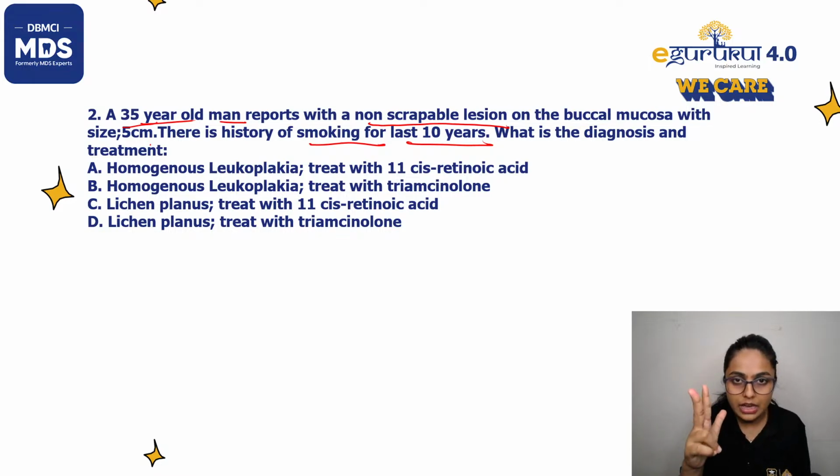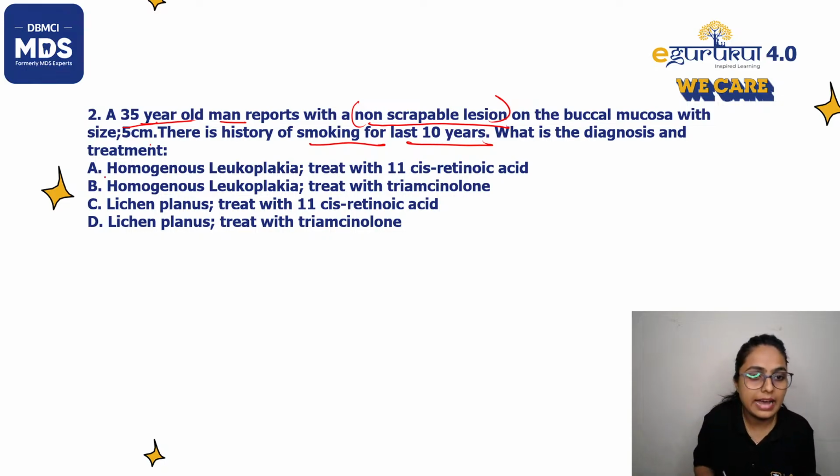Now we have to mark the correct answer with these keywords. To answer this question, you should know which lesions are non-scrapable lesions. They have given options as homogeneous leukoplakia with Levensis retinoic acid. Second, homogeneous leukoplakia treat with triamcinolone.